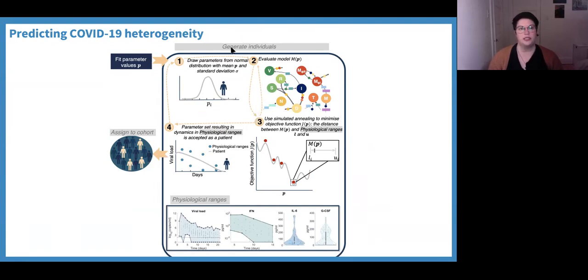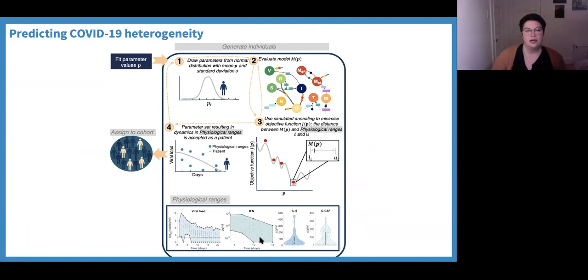We sample these 7 parameters within clinically or experimentally measured ranges and get an initial parameter set. We evaluate our model and perform simulated annealing to ensure that our model predictions correspond to experimentally and clinically measured outputs. So here, for example, is some longitudinal sampling of immune cells and cytokines in hospitalized patients.